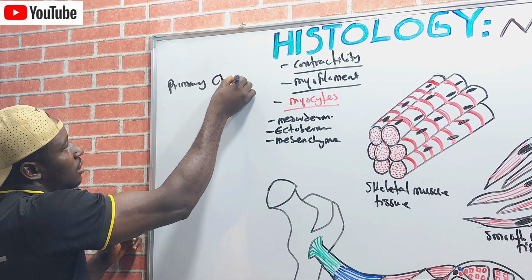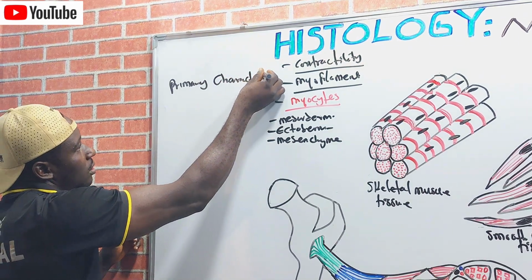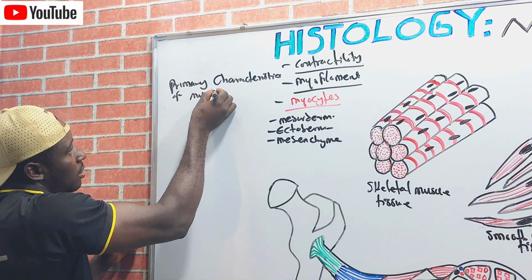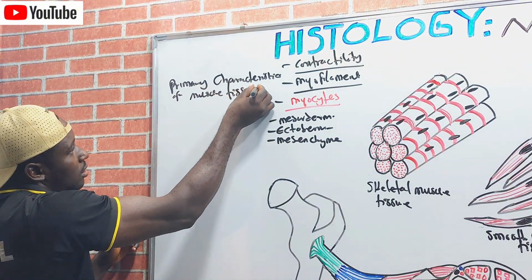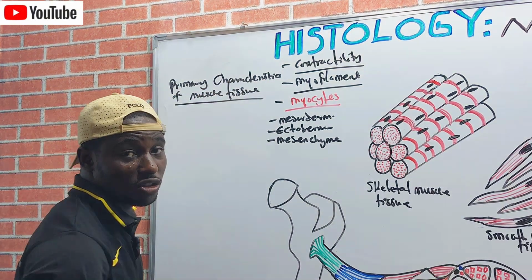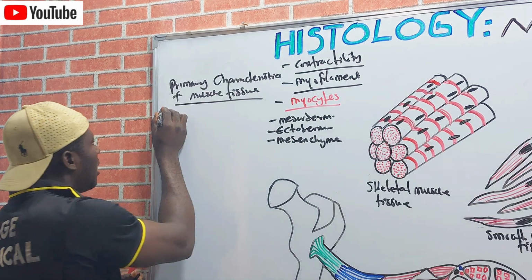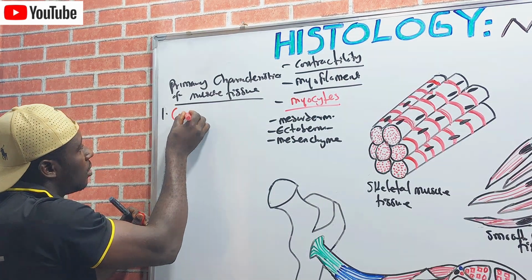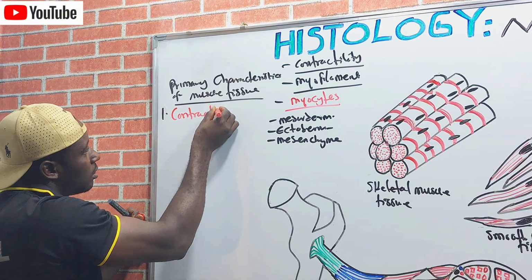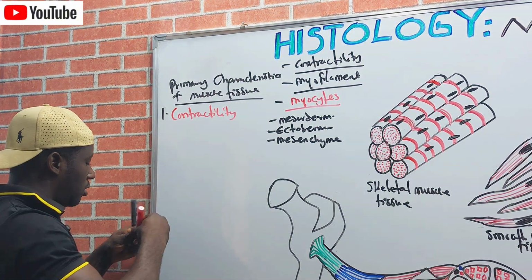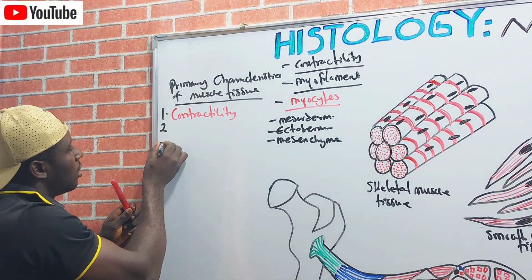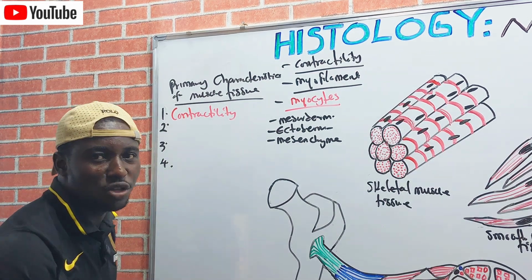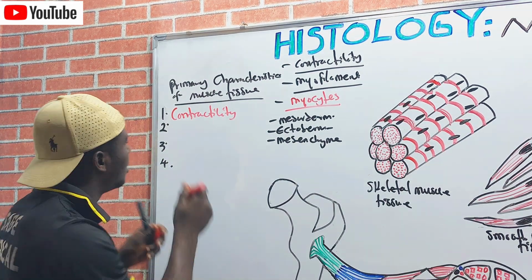The primary characteristics of a muscle tissue: number one is contractility. Number two is excitability.